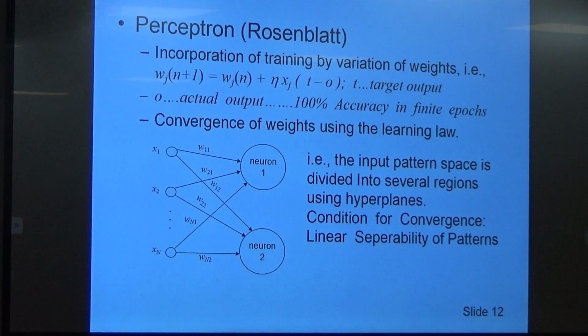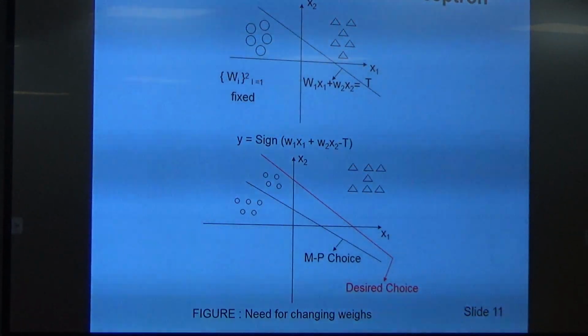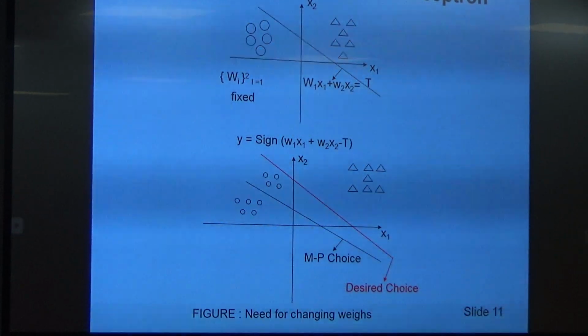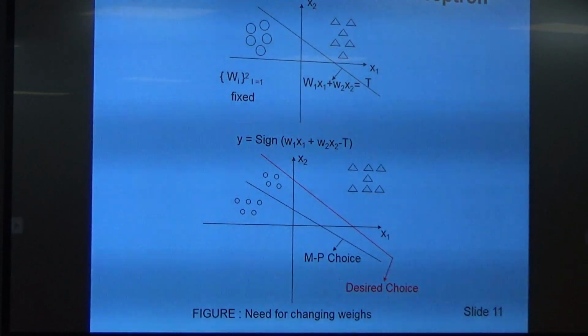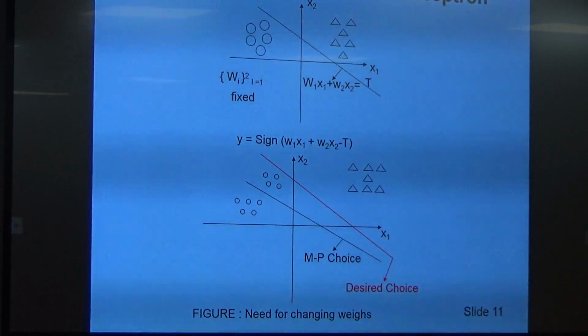What is linear separability? If you look at this diagram, the patterns belonging to circles and triangles are separable by a line, in 3 dimensions by a plane, in higher dimensions by a hyperplane.